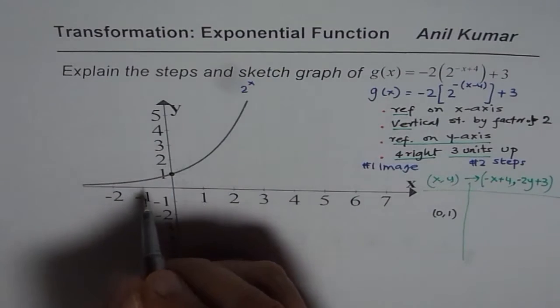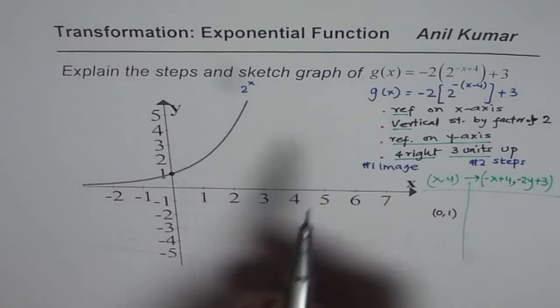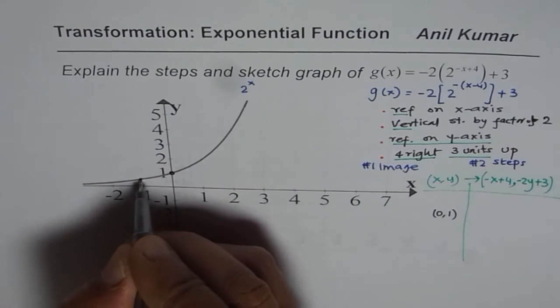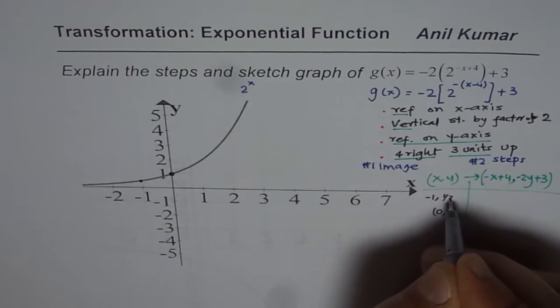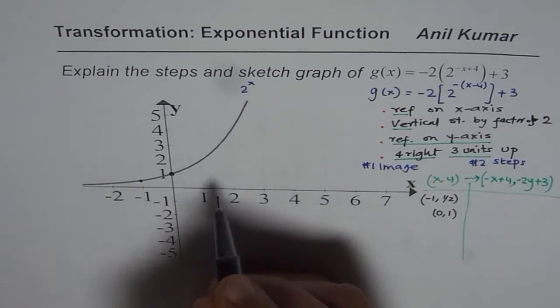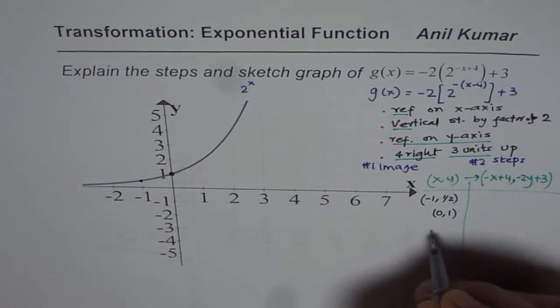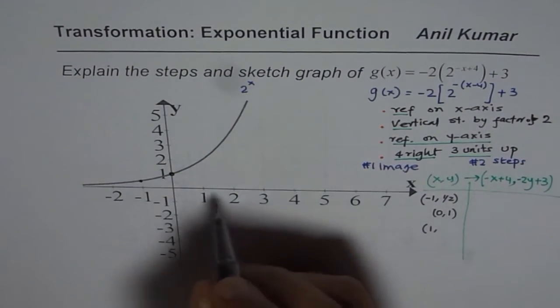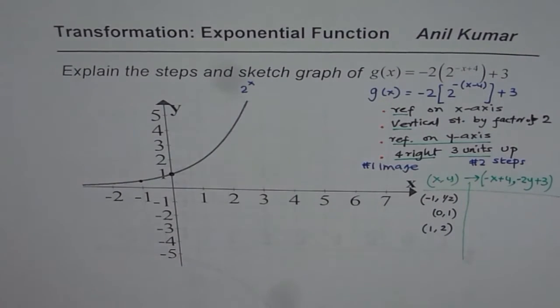And then a good point is, if I write minus 1 for 2 to the power of x, for minus 1 it will be half, right? And if I write 1, it will be 2 to the power of 1, which is 2. So these 3 points are very good points.